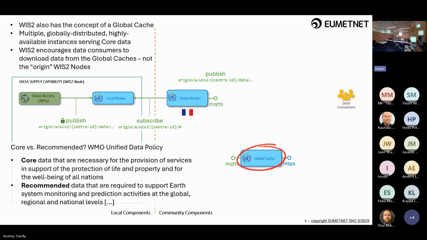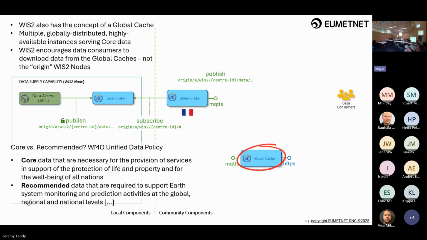Some of those countries have quite small scale capability, and their network connections are intermittent and so on. So part of the WIS2 infrastructure is that we pick up all of the core data which is published and copy it as files into 5 or 6 globally distributed caches, which are highly available.